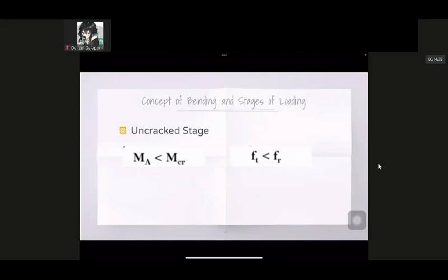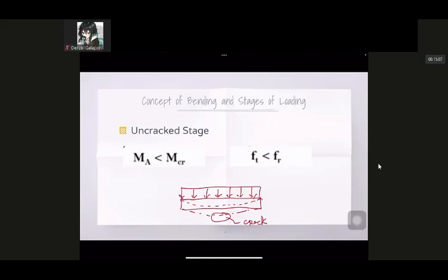So let's say, for example, we have a beam. Pag niloadan natin yan, when we take a load on this beam, this beam will bend. So magbe-bend yung beam natin, until a certain portion wherein the tension side of the beam, dito sa bandang dulo ng beam, starts to crack.